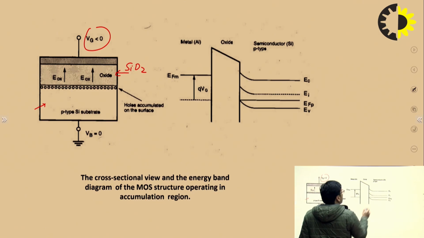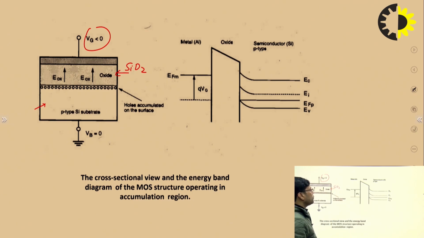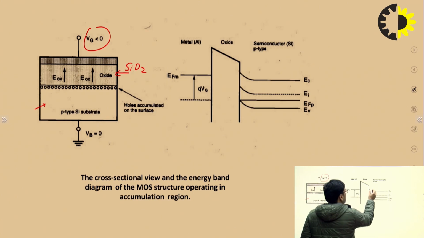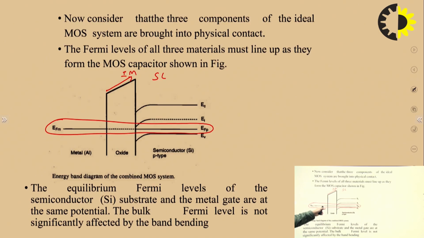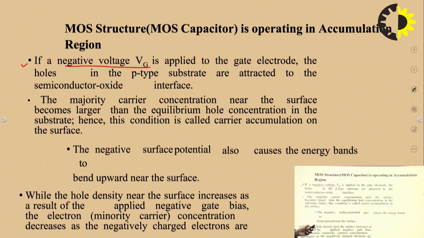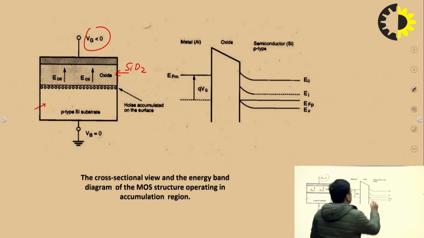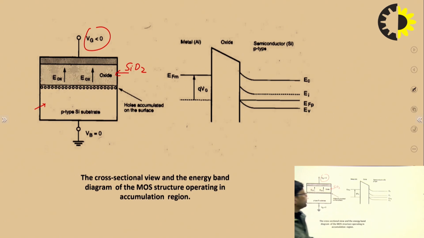Previously the bending was in the downward direction; after applying a negative gate voltage, we have the bending in the upward direction, as you can see here. So this is the process of accumulation of holes, the majority carriers, at the interface of the insulating material and the semiconductor layer by applying a negative voltage at the gate terminal.